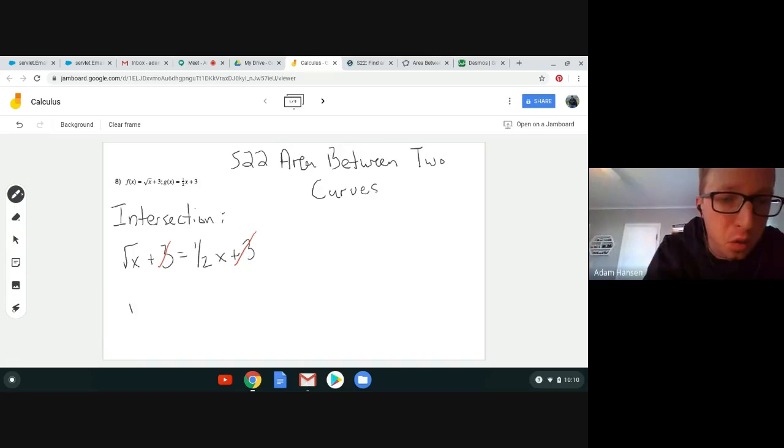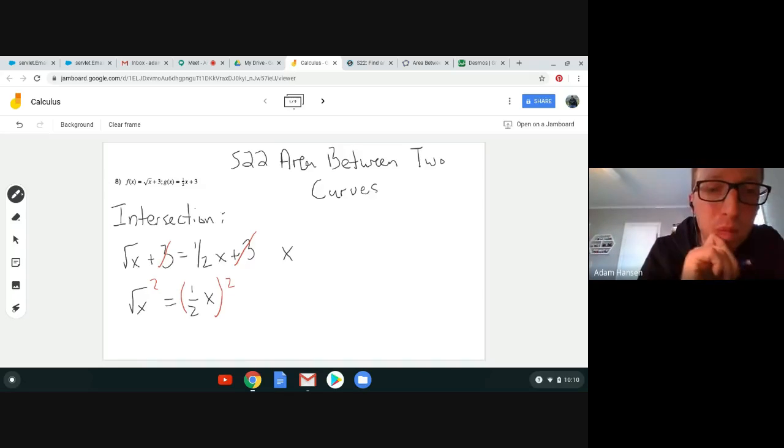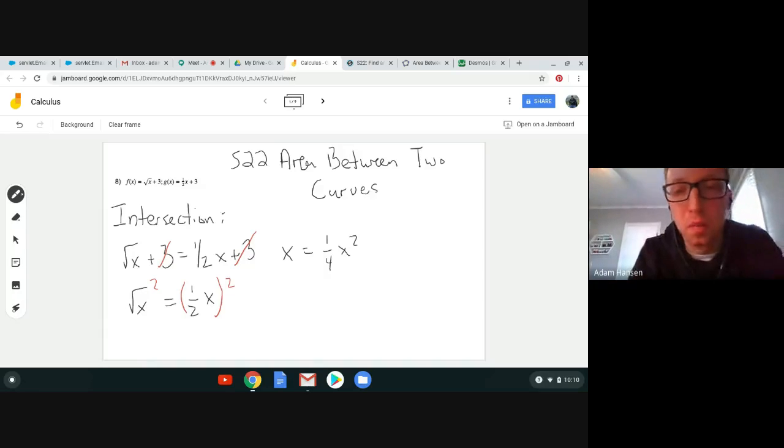Then I'm left with the square root of x equal to 1/2 x. I'll need to square both sides. The square root of x squared is x. 1/2 x quantity squared would be 1/4 x squared.